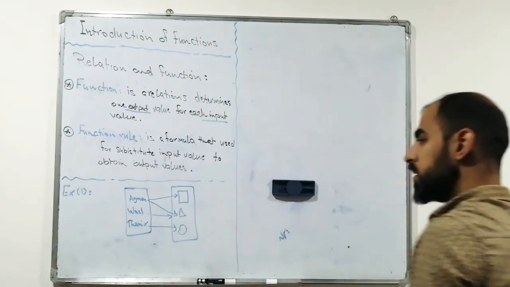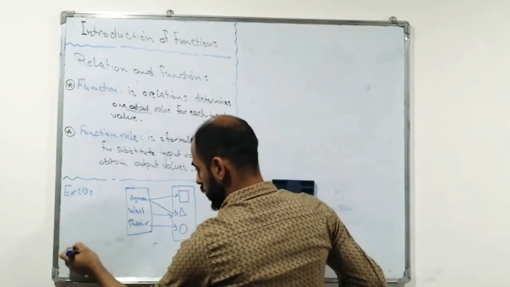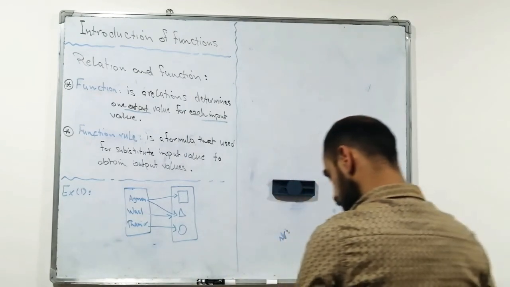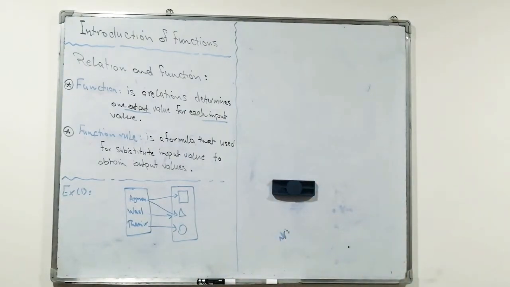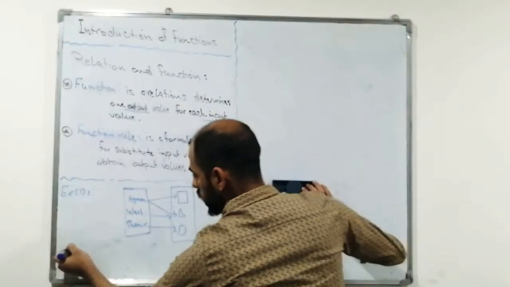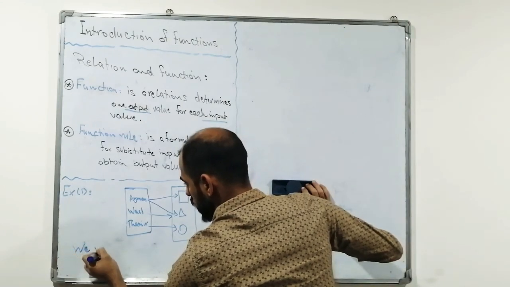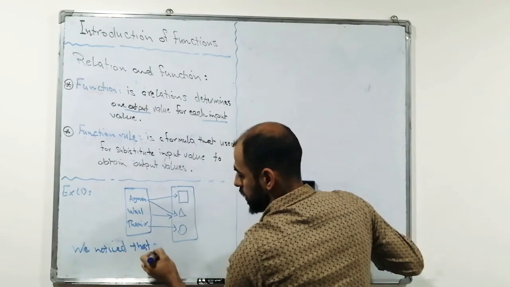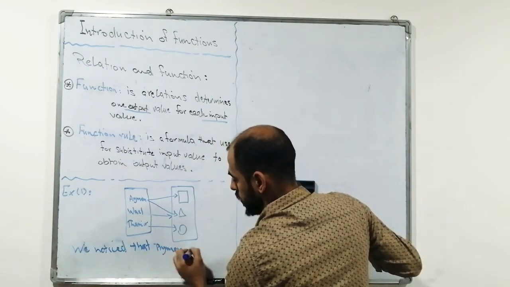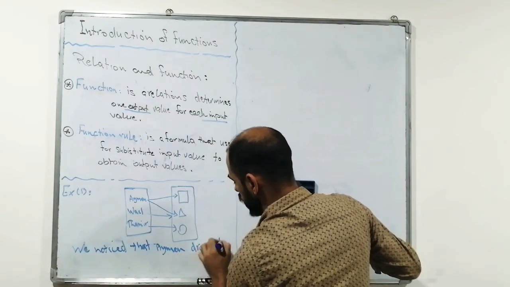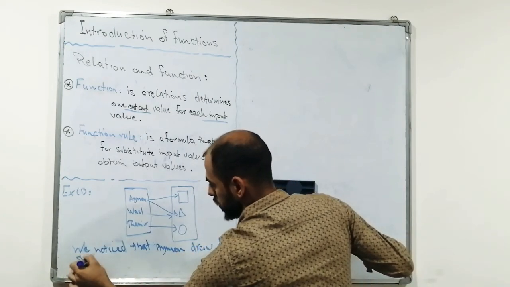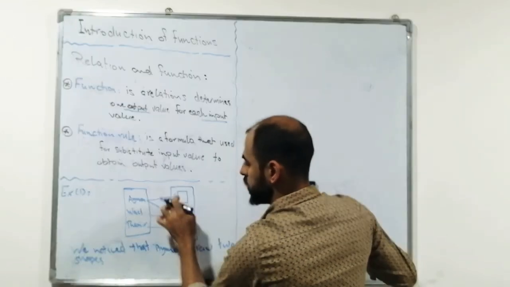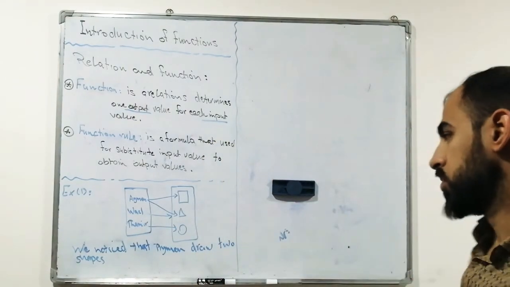So we noticed that Ayman drew two shapes, okay, which are the square and triangle.